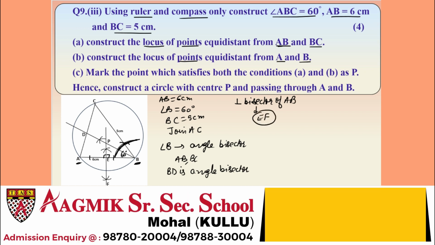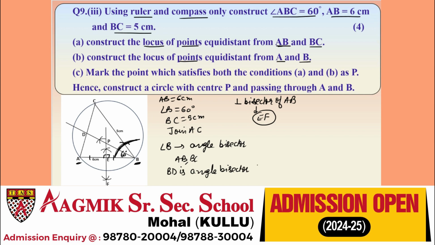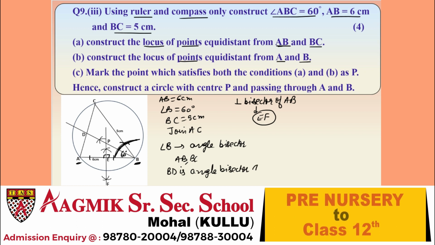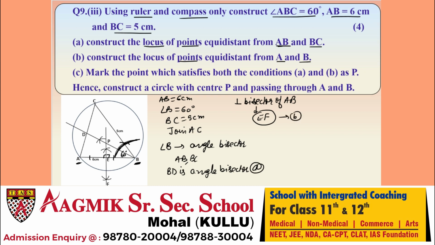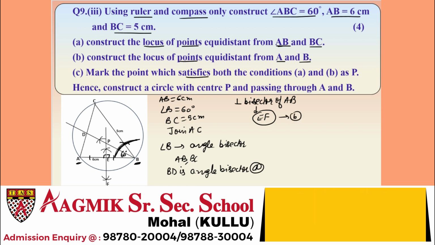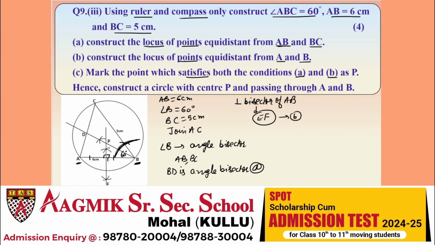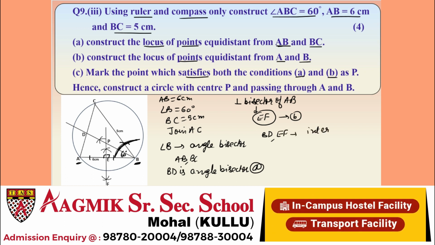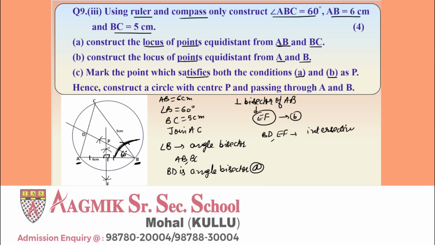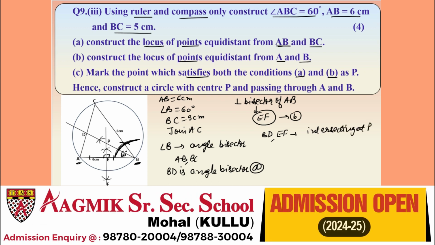So EF is the locus. This is for part A and this is for part B, right? Then mark the point which satisfies both the conditions A and B. So you can see here that BD and EF are intersecting at P, right? So P is the point which is satisfying both the conditions. So this will give you your part C.